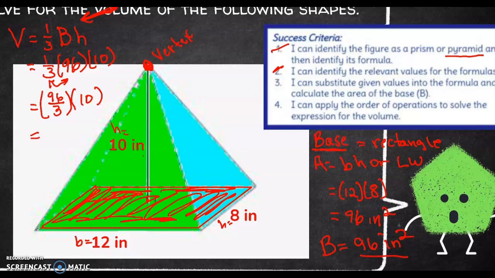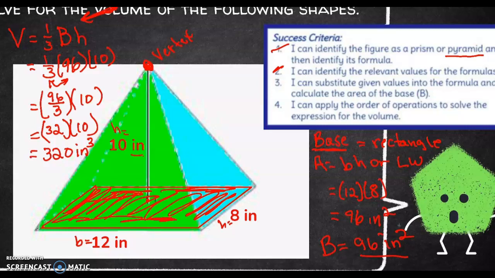Again, remember that when multiplying by 1/3, it's the same as dividing by 3. 9 divided by 3 is 3. 6 divided by 3 is 2. So that leaves me with 32 times 10. And 32 times 10 is 320. 320, and my units is in inches, and I'm talking volume, so it will be 320 inches cubed.